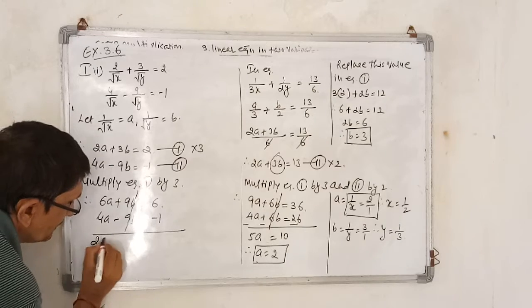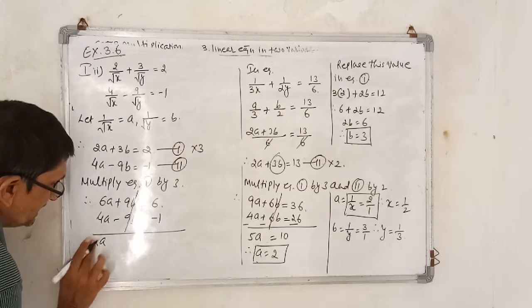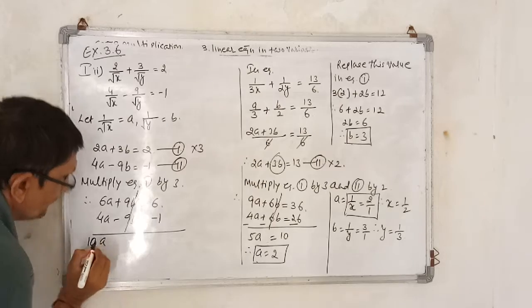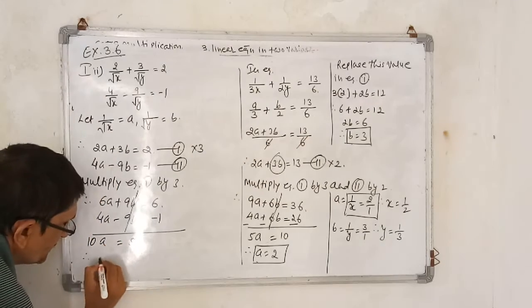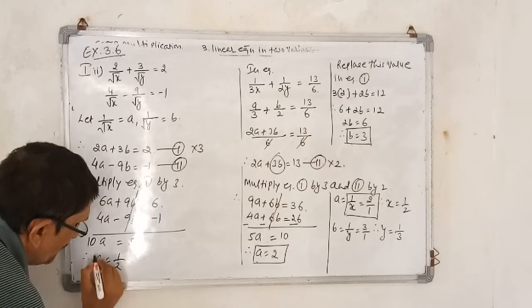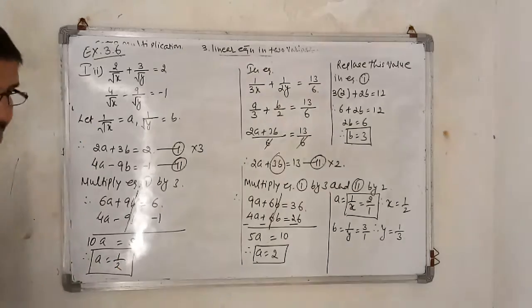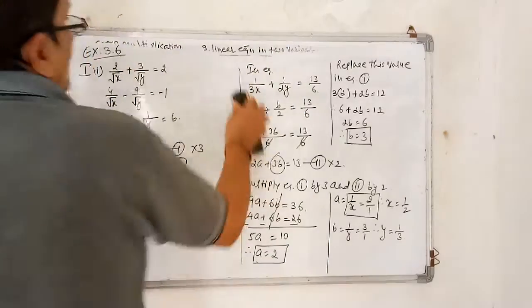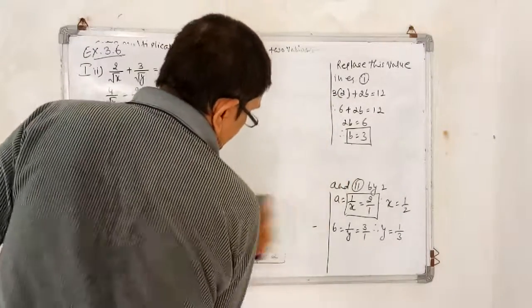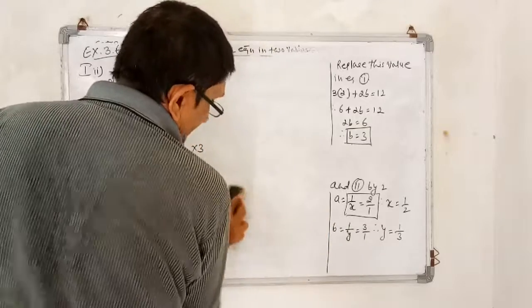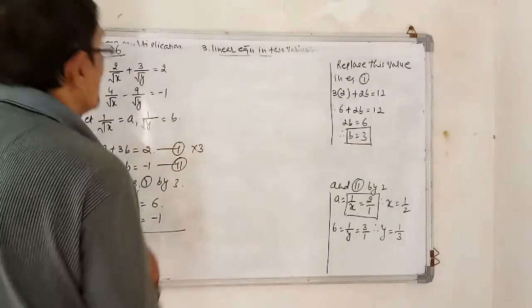So it is 6 plus 4, 10a is equal to 5. So therefore a is equal to 1 upon 2. Replace this value in any of the equations.